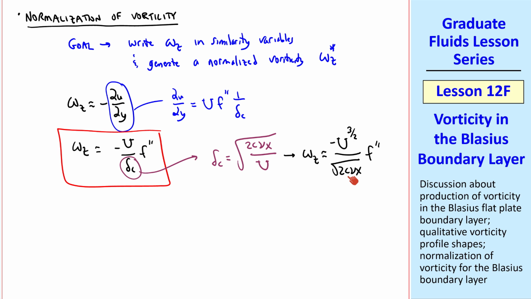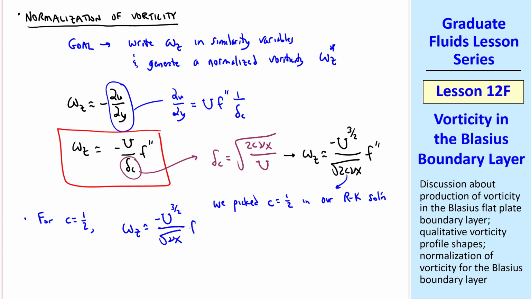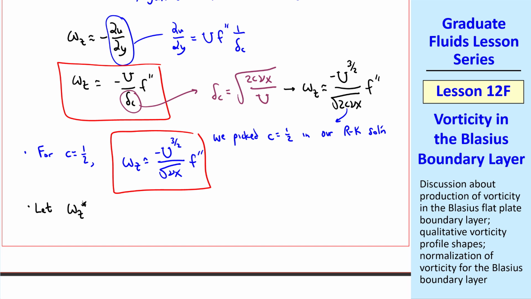Recall that c is arbitrary, but we picked c equal 1/2 in our Runge-Kutta solution. So for c equal 1/2, omega z is approximately negative U to the 3/2 over square root of nu x f double prime. We'll let normalized omega z, which we call omega z star, then equal omega z square root of nu x over U square root of U, since omega z star is negative f double prime of eta, which is negative y1 in our Runge-Kutta solution.